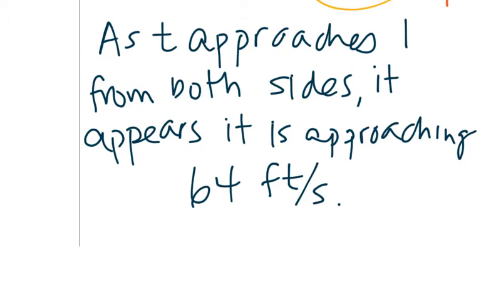So as of right now, that is how you're going to try to compute the instantaneous velocity. You're going to look at the average velocity surrounding that moment, that point, and you're going to make a conjecture of what you think it's going to be.